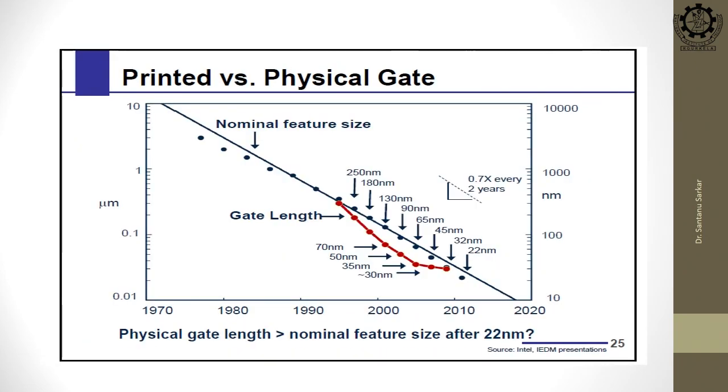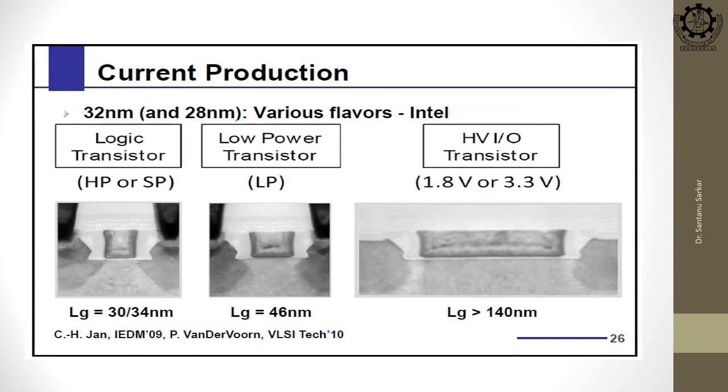This is our gate length, and with time the gate length has been reduced day by day. That helped our shrinkage, the shrinking of the technology, so that on the same area we can stuff more transistors, and the transistor count increases.